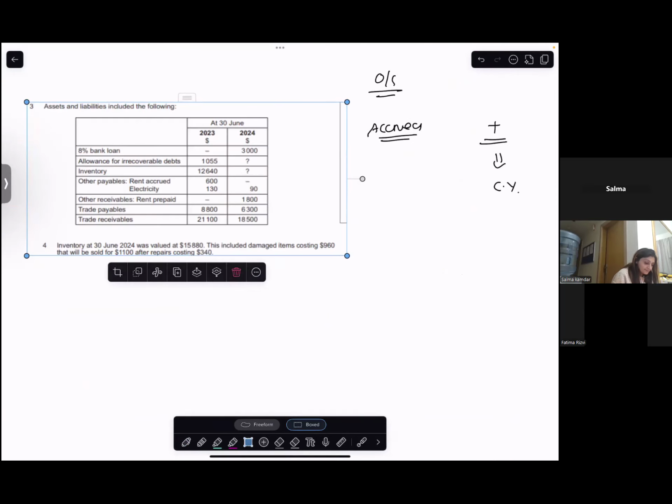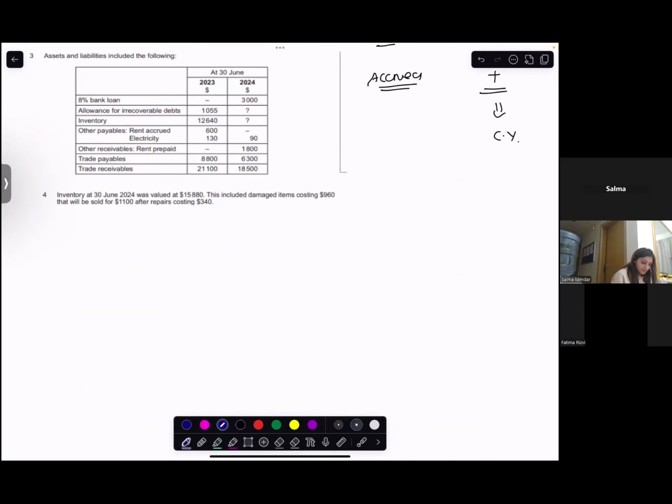Fatima, yes, miss. Come on. Let's read it. On 30th June 2024, that means on the last date, my inventory was valued at 15,880. That means my closing inventory was valued at 15,880. What is the rule for valuation of inventory?